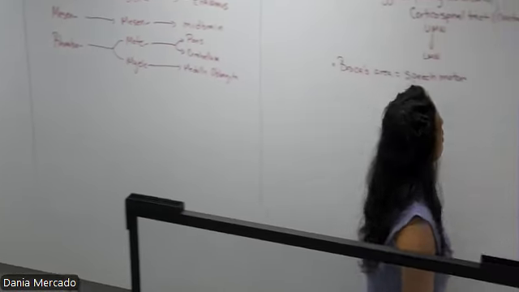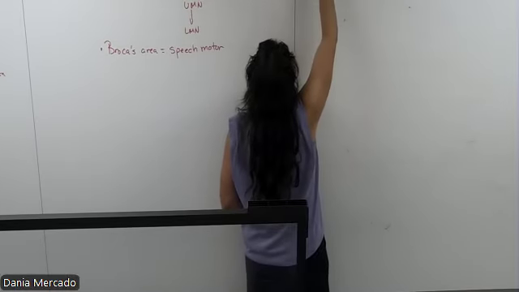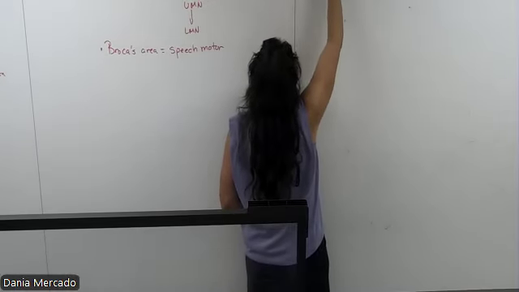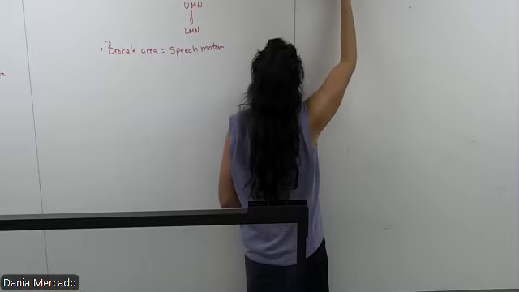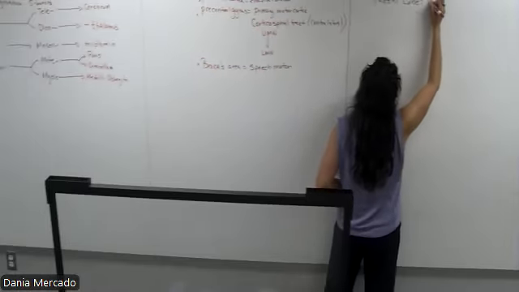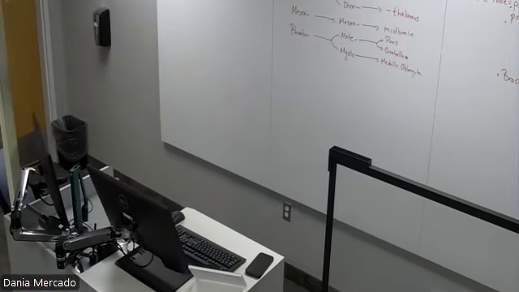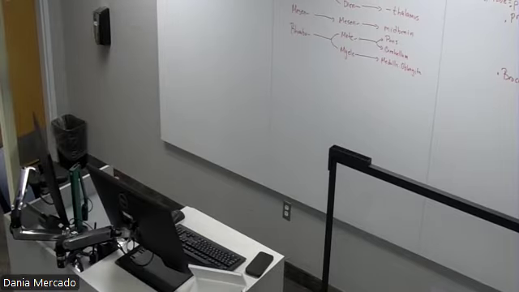From there, I'm going to move on. Separated from the frontal lobe by the central sulcus, you're going to have the parietal lobe, okay? And the parietal lobe has something important called the postcentral gyrus. And what does the postcentral gyrus do?